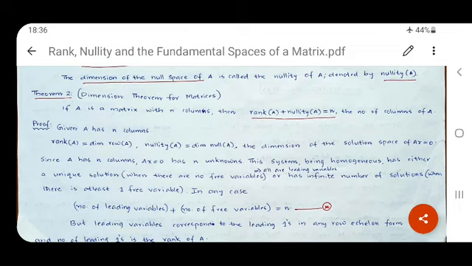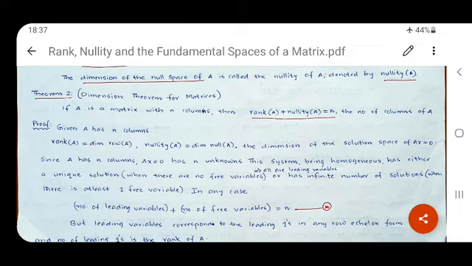Since A has n columns, Ax = 0 has n unknowns. This system, being homogeneous, has either a unique solution or an infinite number of solutions. If it has a unique solution, then there are no free variables, and if there are infinitely many solutions, then there is at least one free variable.